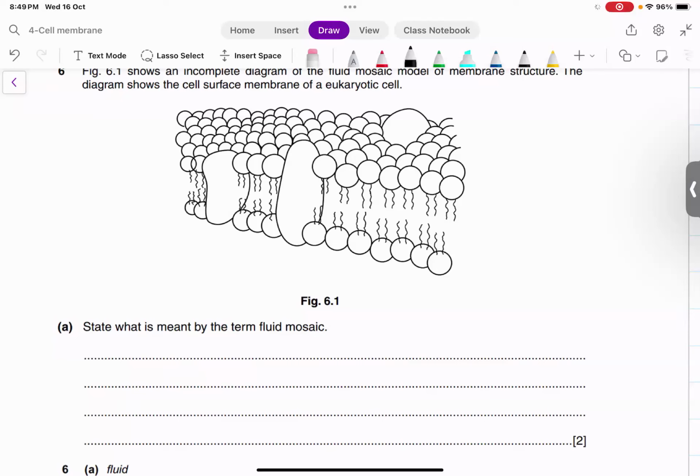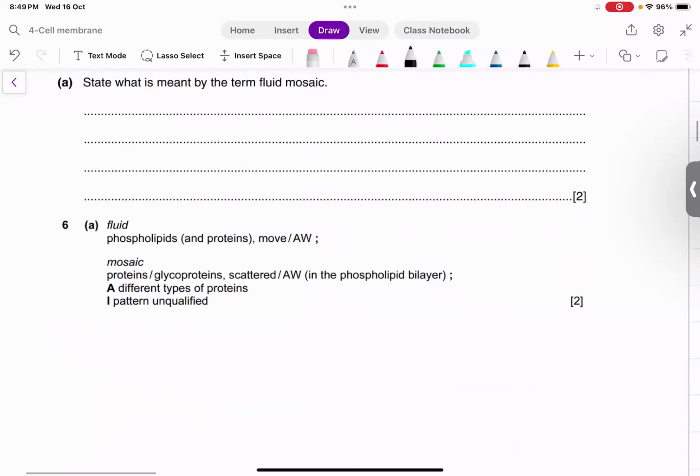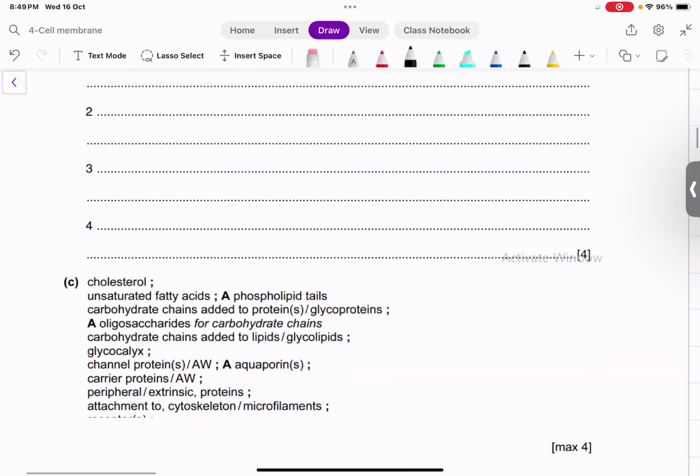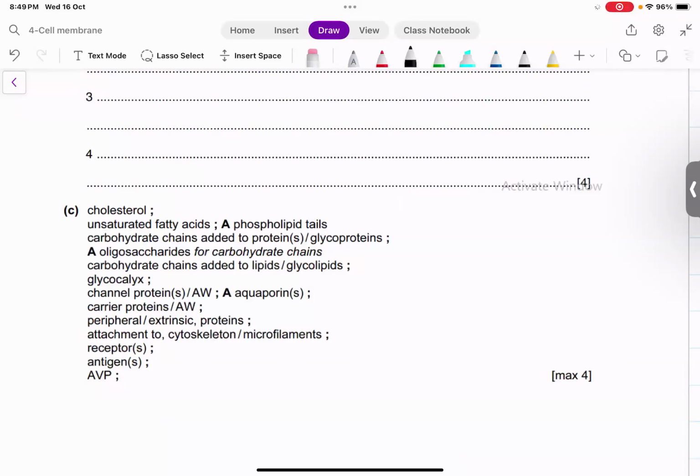Then the glycolipids and glycoproteins are not visible there. There are 4 features. So we have cholesterol not visible, then unsaturated fatty acids that are also found but not visible, then carbohydrate chains or glycolipids or glycoproteins are not visible there. These are oligosaccharides, branched carbohydrate.